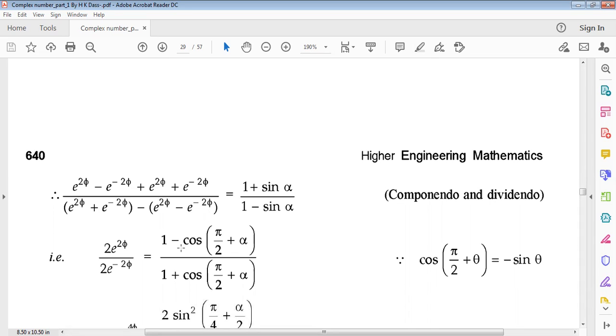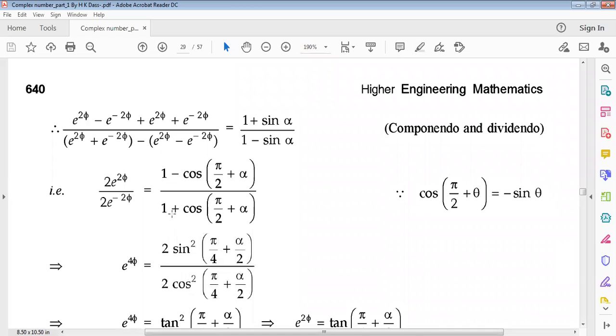Sin alpha can be written as cos(pi/2 + alpha) with a minus sign, in the second quadrant where cos is negative, so minus sin theta. Using this formula, the 2 cancels and we get e to the power 4 phi, since the base is the same and the powers add.